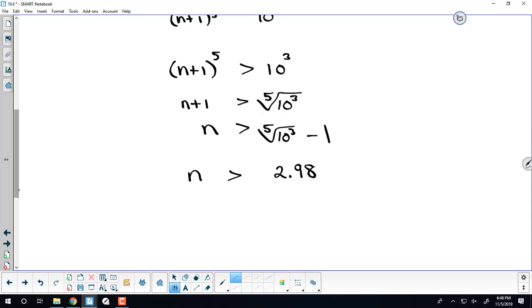So what is our conclusion based off of that? 3 terms. We need to sum up 3 terms in that series so the error is less than 10 to the negative 3.